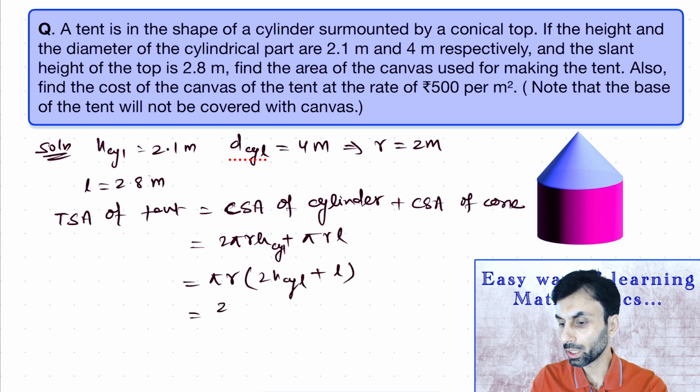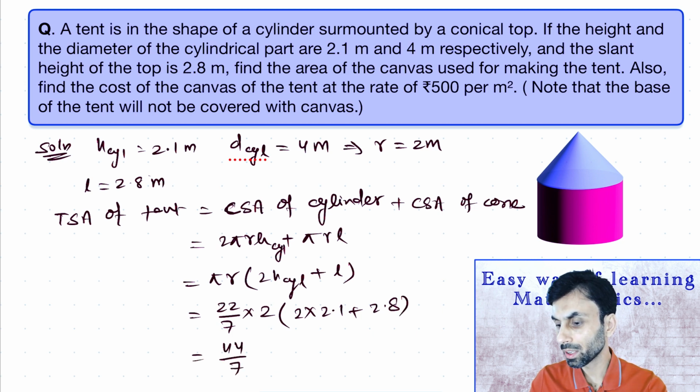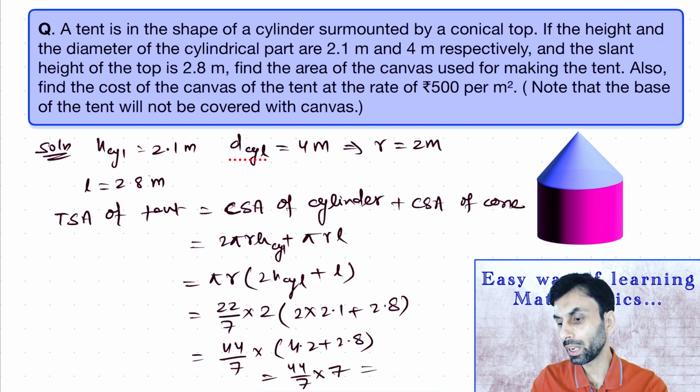Pi value is 22 upon 7. The value of radius is 2, into 2 times height of cylinder, which is 2.1, plus slant height, which is 2.8. We'll get here 44 upon 7 into 2.1 into 2, that will be 4.2, plus 2.8, which will be equal to 44 upon 7 into 7, and so the value of surface area will be 44 meters square. So this is the first part.